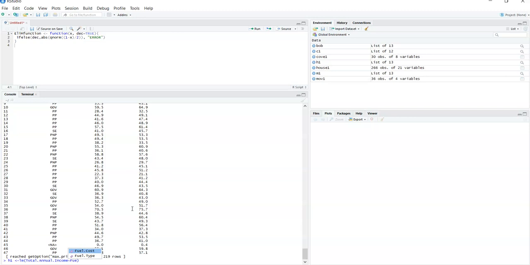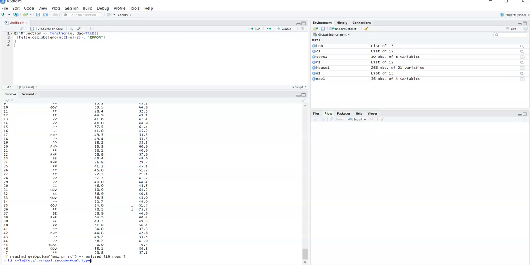Now I'm doing this for a reason. Fuel type is a qualitative variable, and it's not a 0-1 variable. It's a more complicated variable. It's actually got 4 different options. And if you have 4 different options in a qualitative variable, you really should introduce 3 dummy variables.